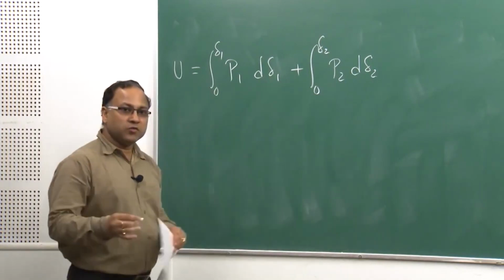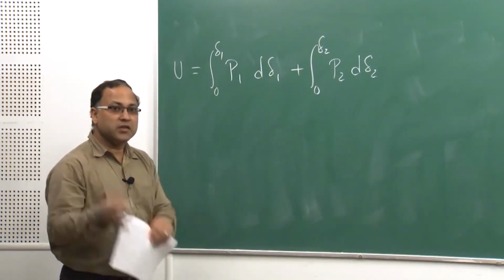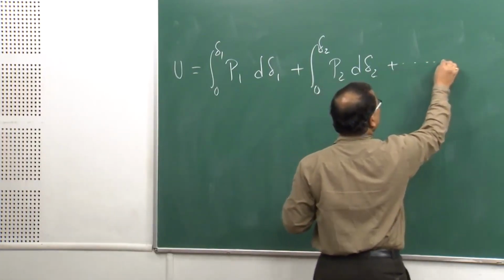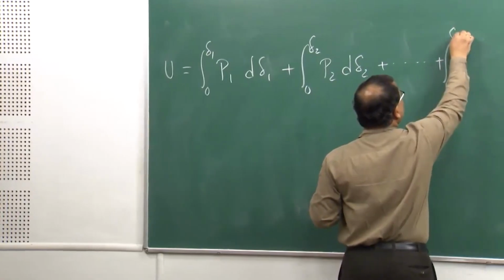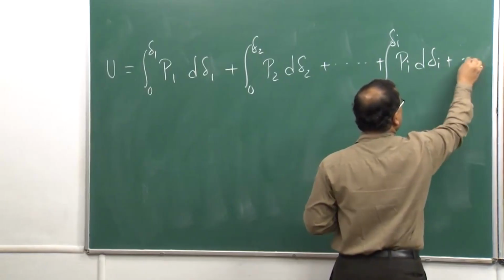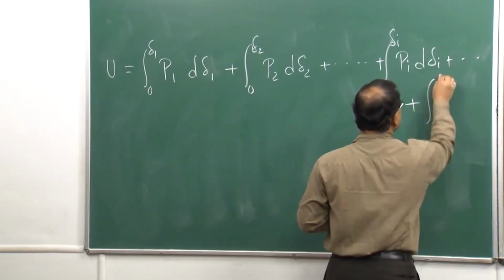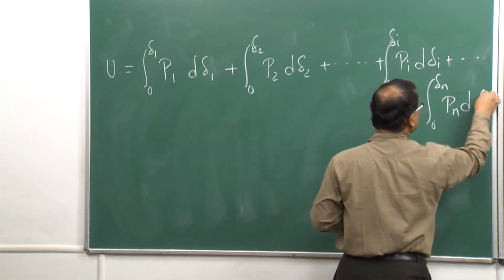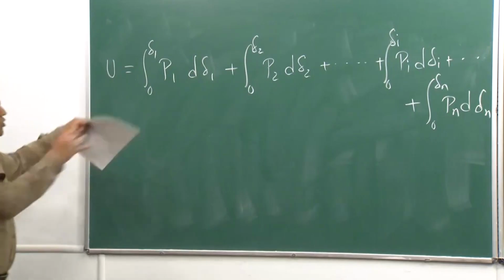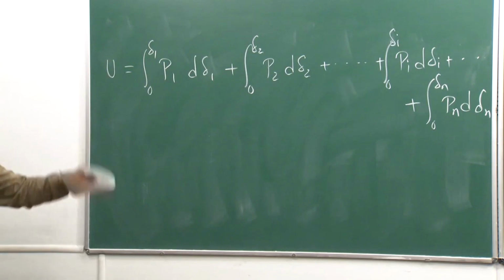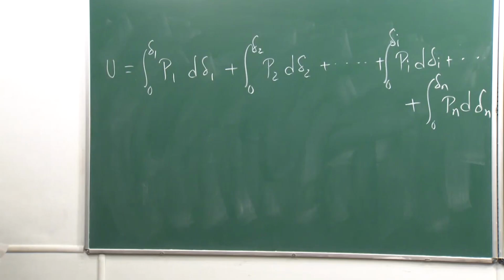This is the contribution towards the potential energy by force P2, and similarly 0 to delta i Pi d delta i, and finally 0 to delta n Pn d delta n. So, this is your total potential energy of the system under the action of n number of forces applied on the conservative system.